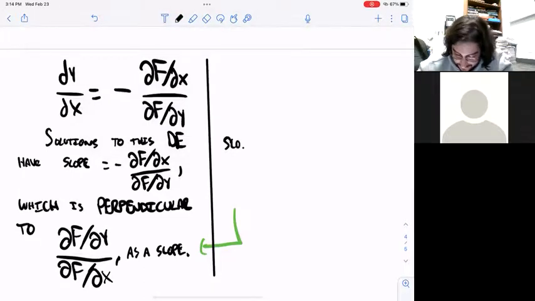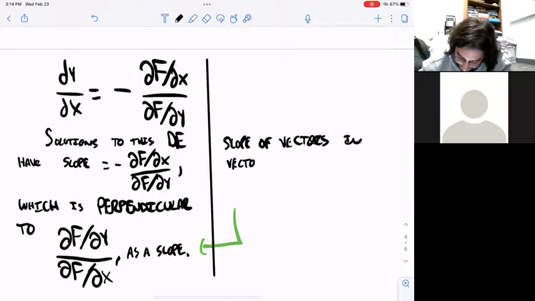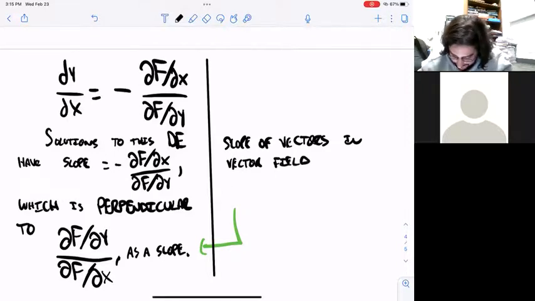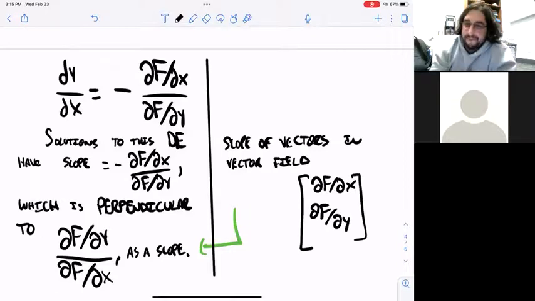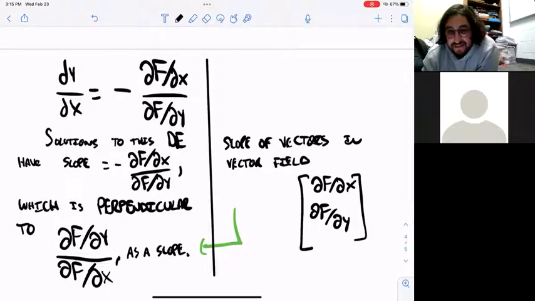This quantity would be the slope of the vectors in the vector field df dx, df dy. That's the slope of the vectors in the vector field, because you would take the rise divided by the run to get the slope of those vectors.